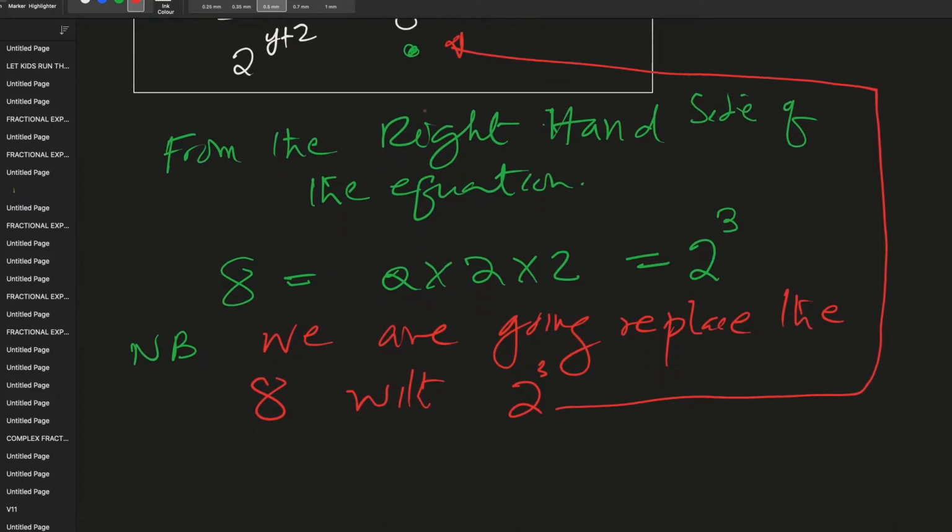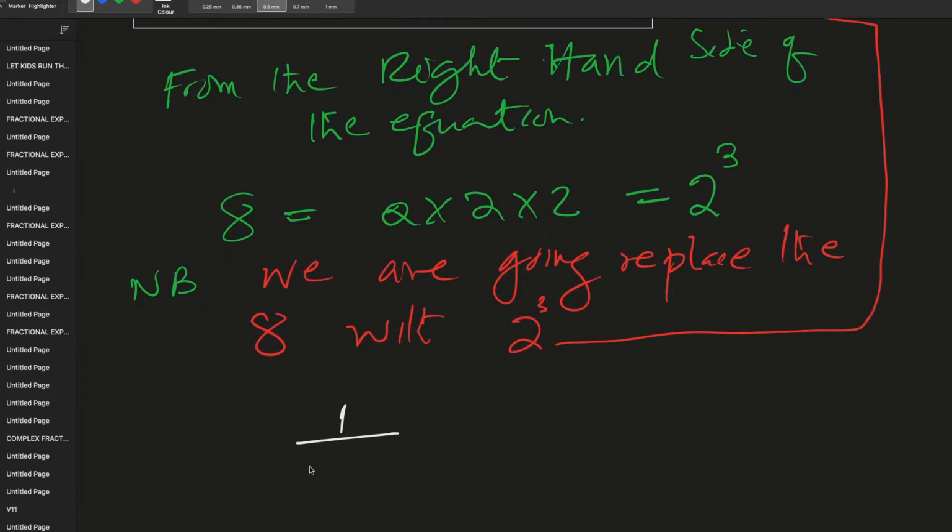Now our equation is going to be 1 over 2 raised to the power y plus 2, which will be equal to 2 raised to the power 3, then 2 minus 3y comes in here.